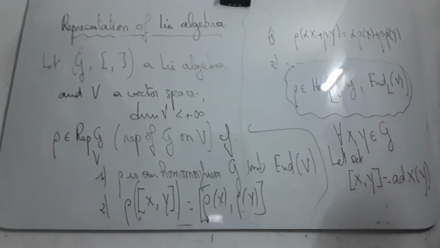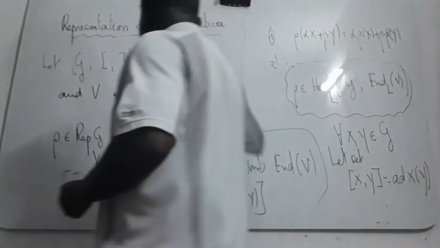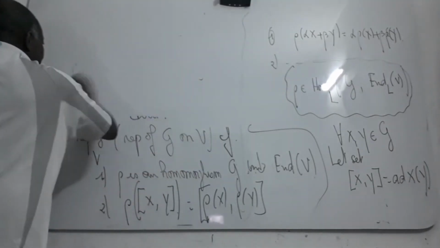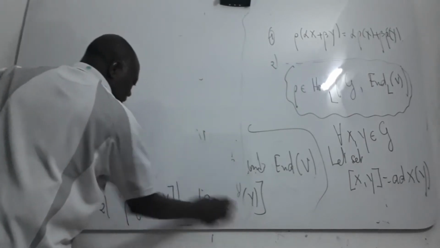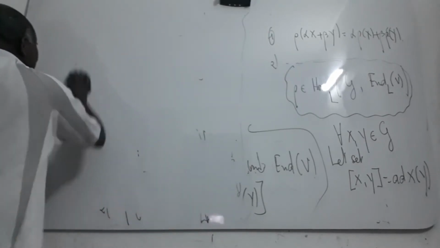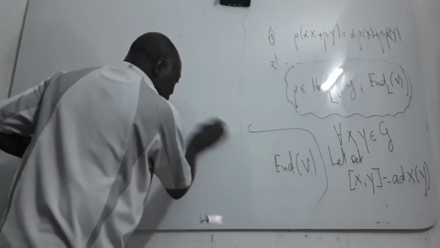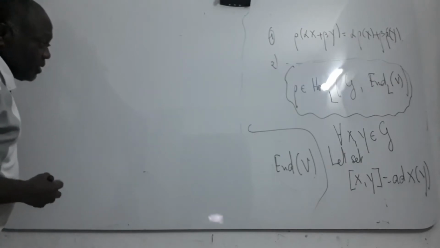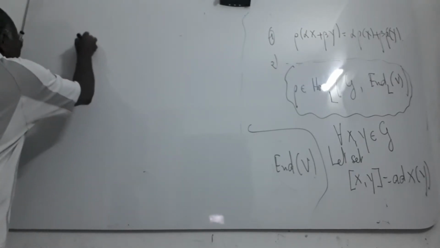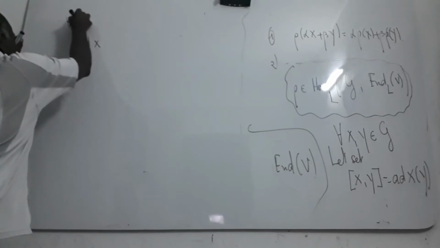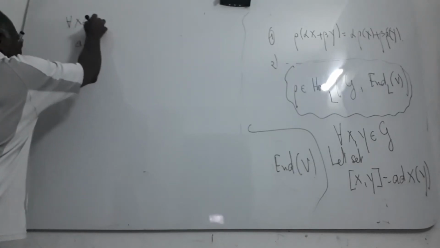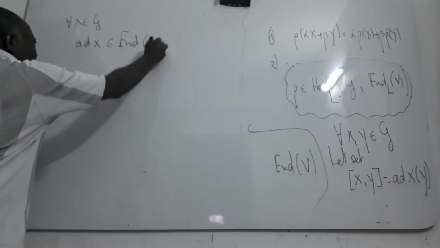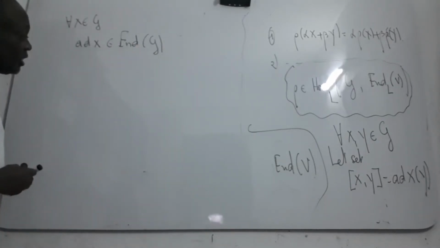You put it like this, and from here you see that ad x, for all x in g, is also a homomorphism of your Lie algebra.